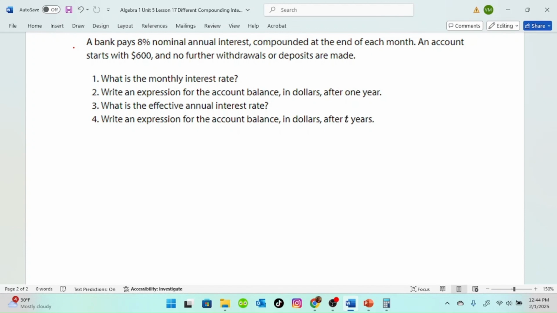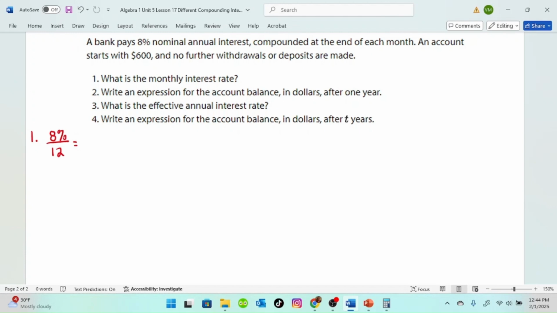Number 1, what is the monthly interest rate? So if we want to take the monthly interest rate, we're going to take the nominal interest rate, which is 8%, and we're going to divide that by 12 months.